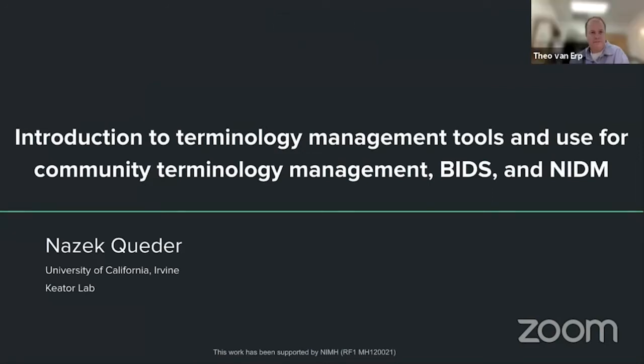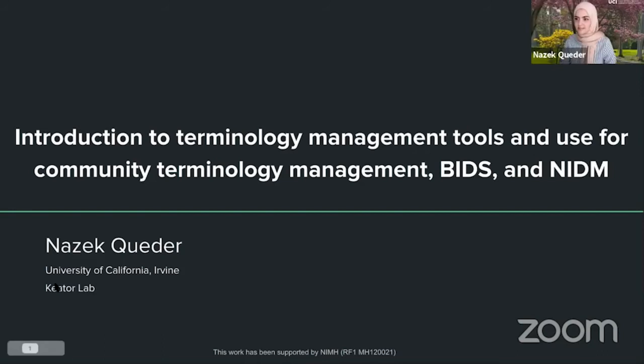Yes. All right, awesome. So, hi, my name is Nazek Queder. I am located in the beautiful Golden State, California. I mainly come from a neurobiology background, but I also grew a passion for brain imaging and data science early in my career.